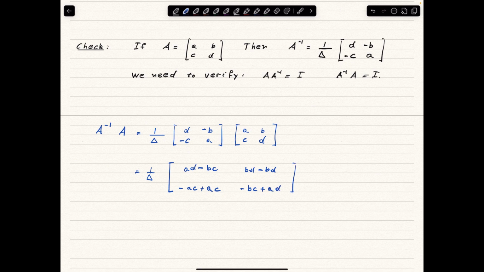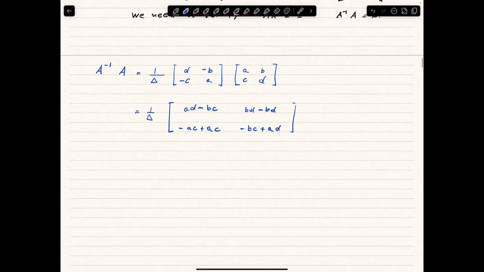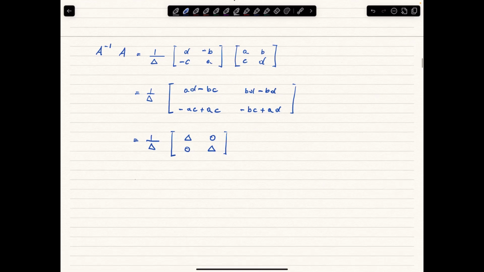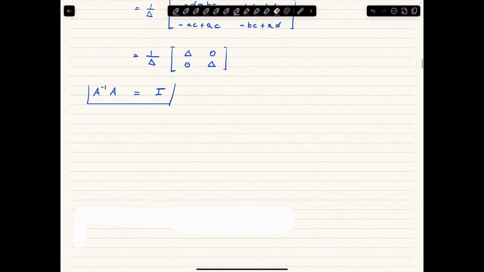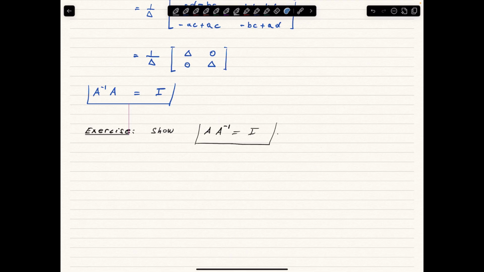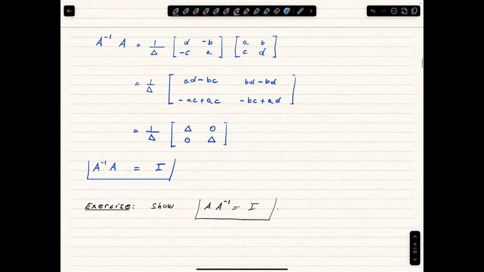So this is 0, this is 0, and we end up with 1 over delta. And notice, what do we have in the first component? Well, that is delta, then 0, 0, and delta again. So yes, this is the identity matrix. So A inverse times A is the identity matrix, and there is an exercise now. Show that the other equation is also true. So that is the inverse matrix.